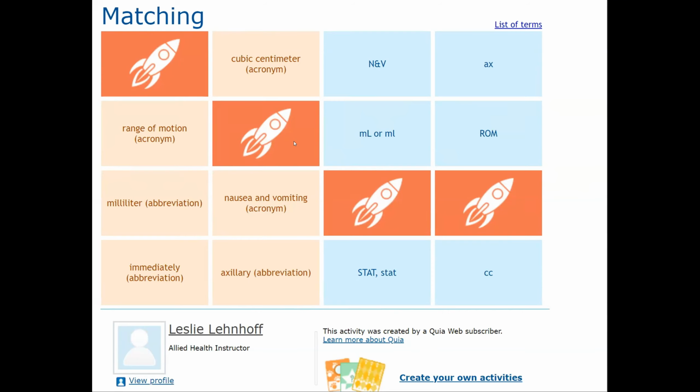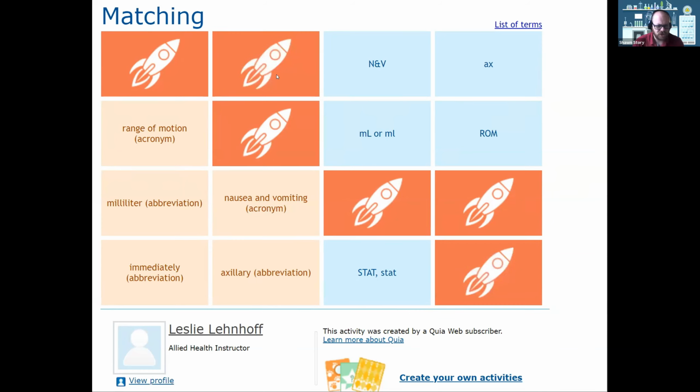cc, cubic centimeter. Yes, cubic centimeter. My goodness, what is a cubic centimeter? What does that mean? So first off, let's take a few steps back. What is a centimeter?